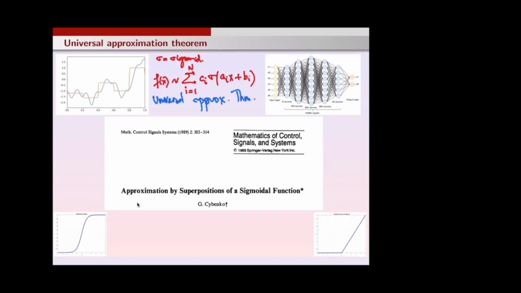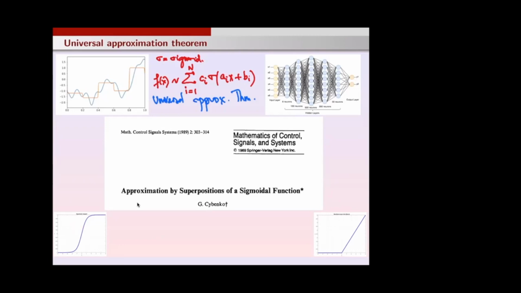Why is it called the universal approximation theorem? Because basically every function f which is continuous, in one or several space variables, can be approximated. You just do it in 1D, and then by the same argument you can do it in several Euclidean dimensions. Every function f of x, which is nice, say continuous, can be approximated by such a linear combination.